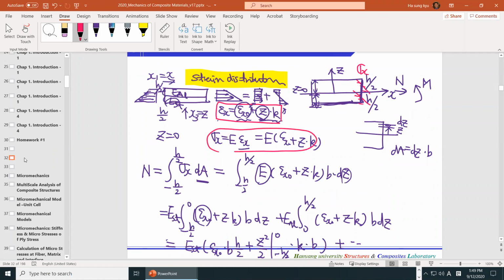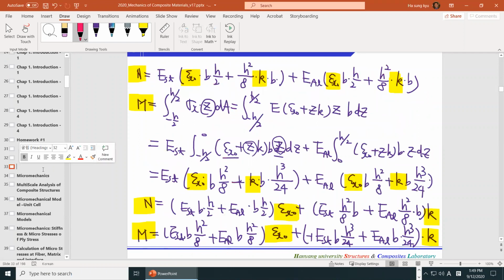This is the second most important equation. And third one is the definition of an in-plane load and definition of the moment. Okay.